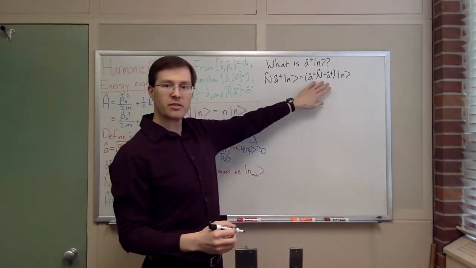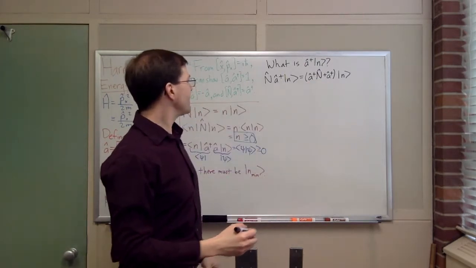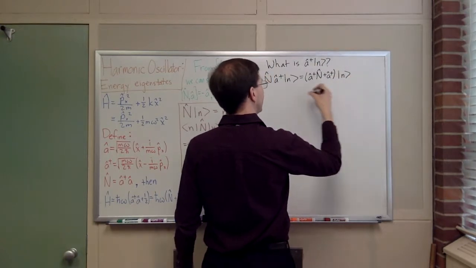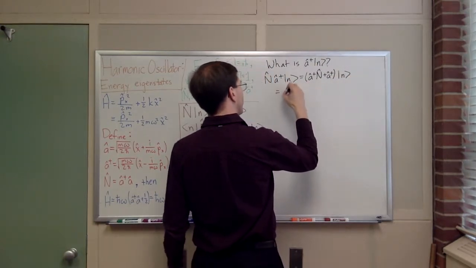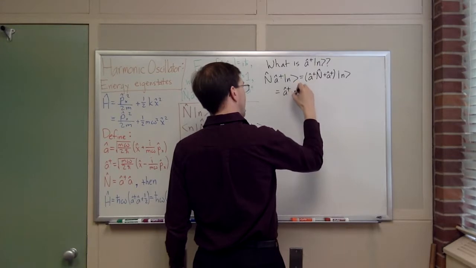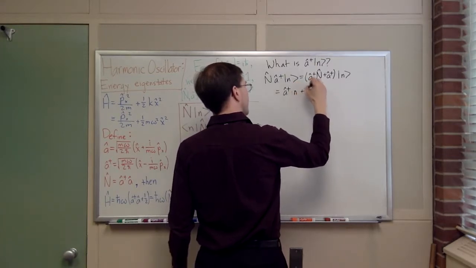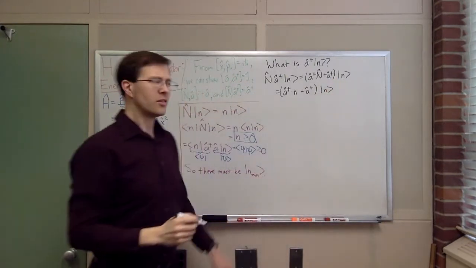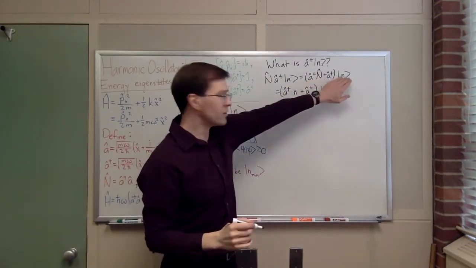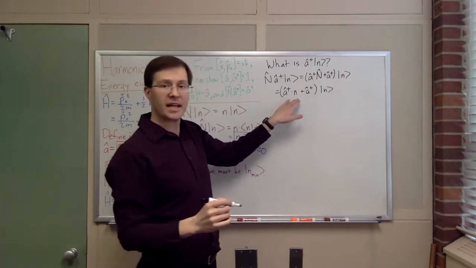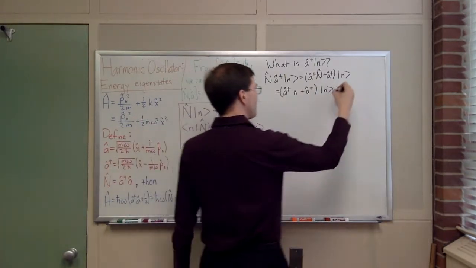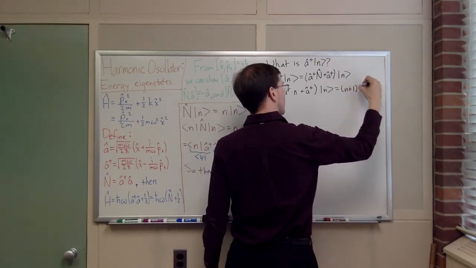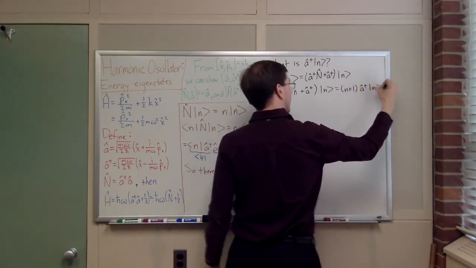And this term has the n hat acting on n. So this is equal to A dagger times n plus A dagger acting on my state n, because when n hat hits the ket, it gives me its eigenvalue. That means I can write this as n plus 1 A dagger n.